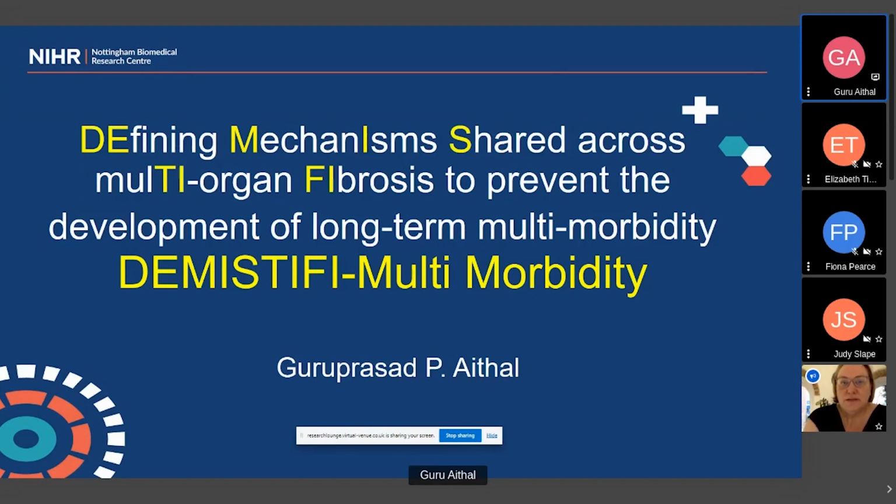Guru also leads the gastrointestinal and liver theme within the Biomedical Research Centre. This evening he's going to talk to us about an upcoming study called Demystify, and I will hand over to Guru to explain all about multi-organ fibrosis.